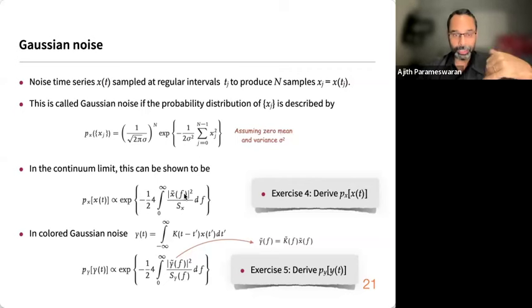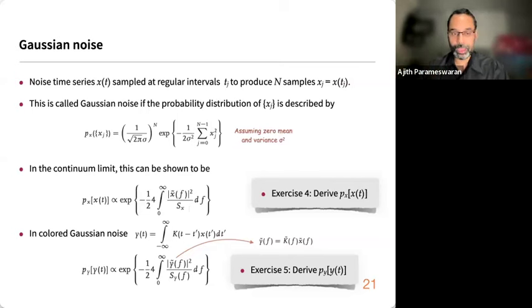And you can take the continuous limit of that by replacing the sum by an integral, and it is basically the same thing. You can write this in terms of the Fourier transform of the noise, x(f) squared, divided by the power spectrum, which is basically the variance.